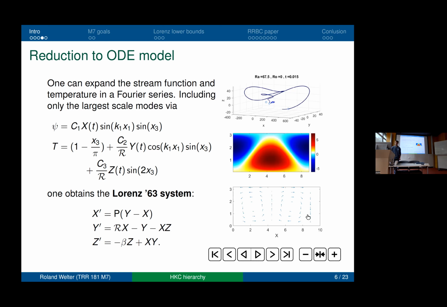It can only move along these convection rolls, and we can only have big blobs of temperature. So this is a low resolution model. And then on top here, we have a trajectory in phase space.